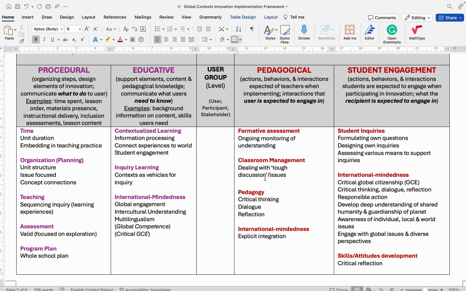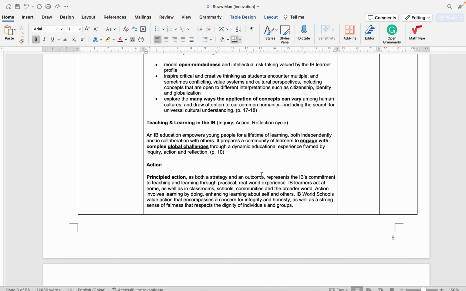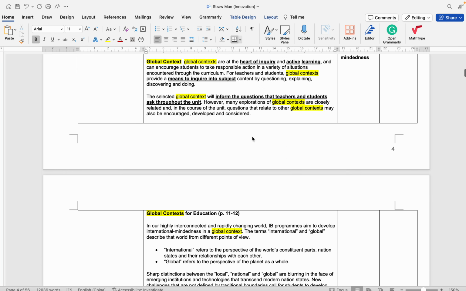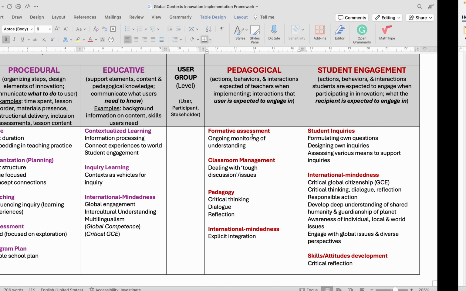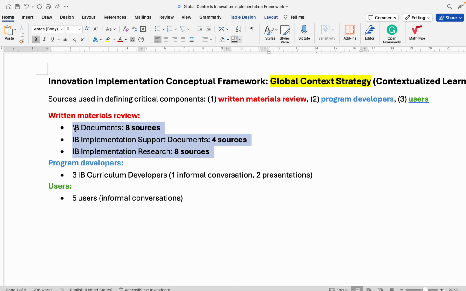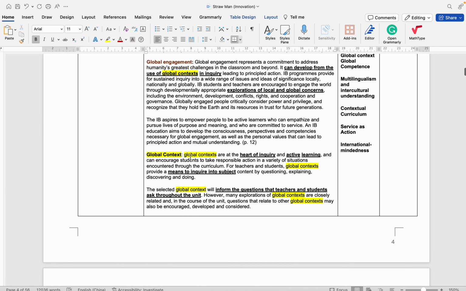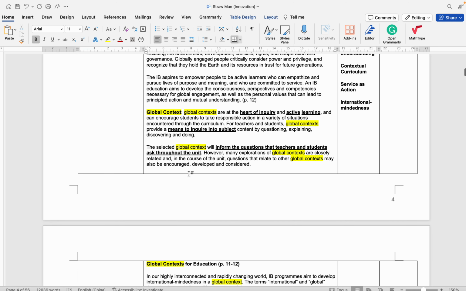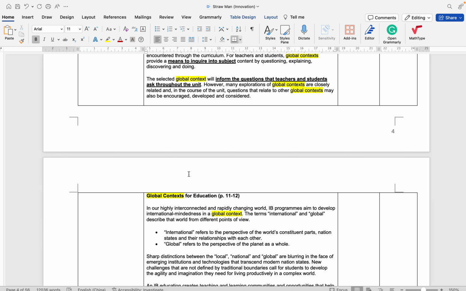So what I'm continuing to do is work through this bank of documents, the sections that are relevant to this innovation. I've copied and pasted or made notes in this table here, and continuing to pull out implementation specific components that are relevant to studying this.